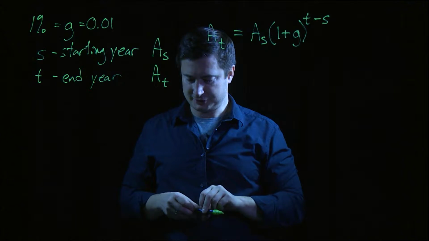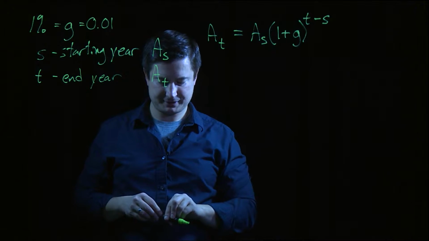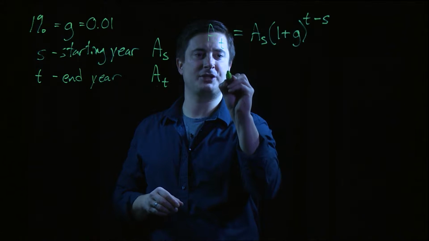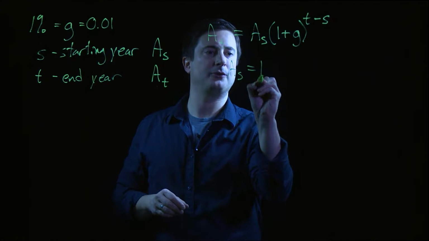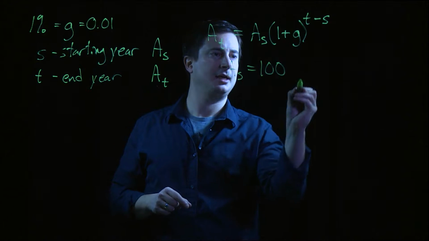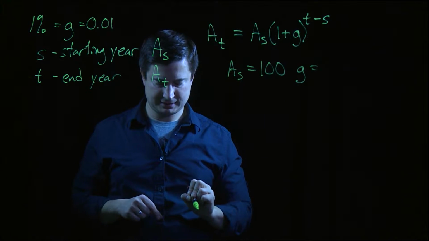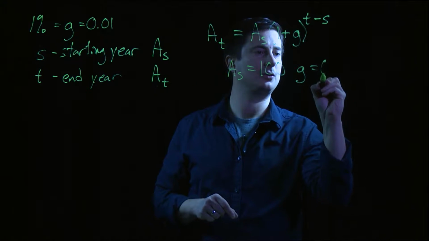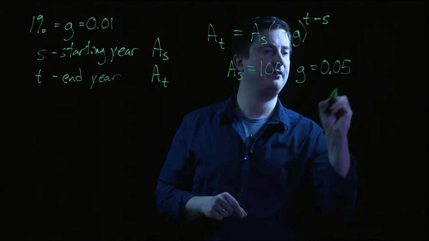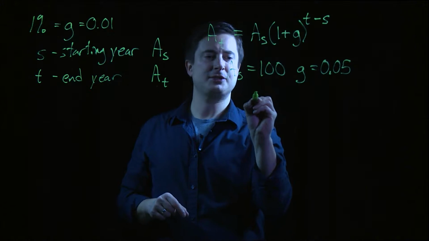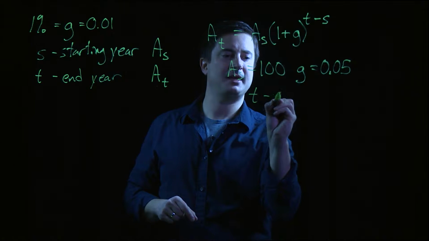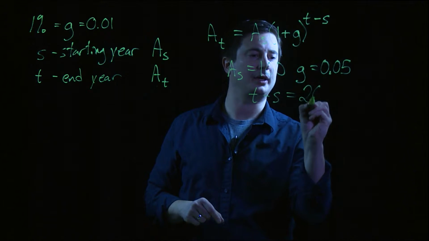So let's do a quick example to think about this. Let's imagine that A sub S equals 100, I mentioned, and let's say that G equals, in this case, 5% or 0.05. And let's also imagine that T minus S does equal that 20.